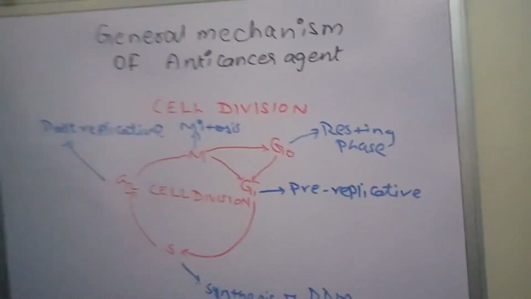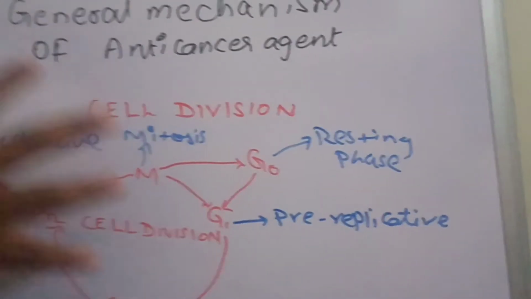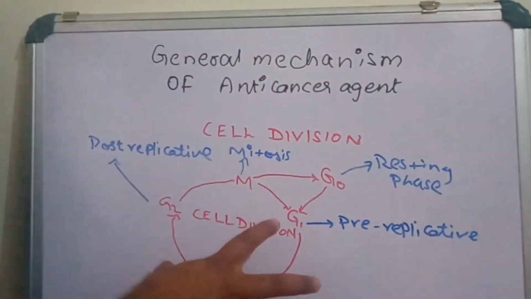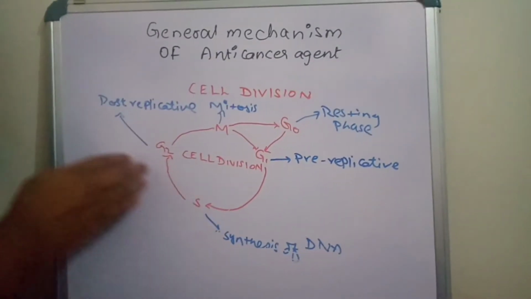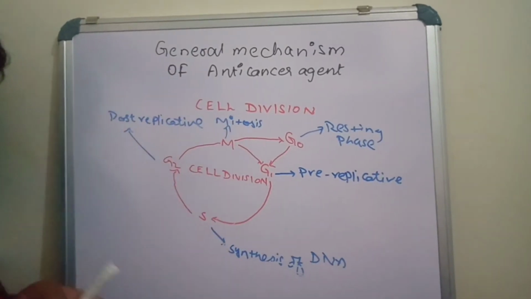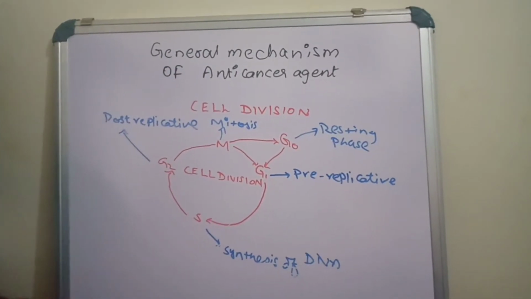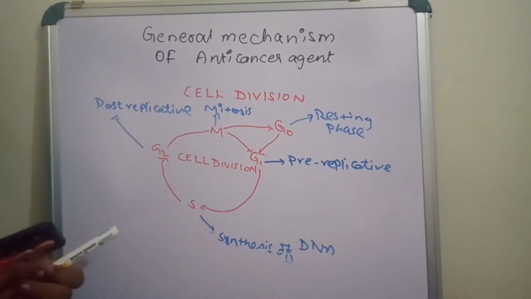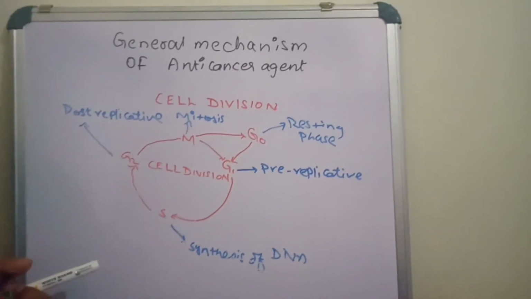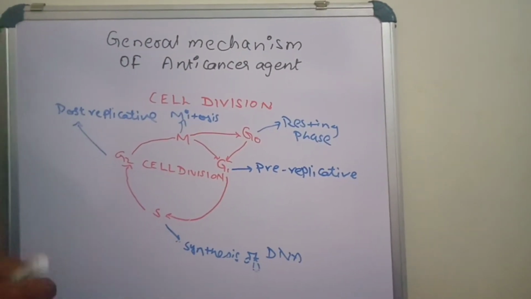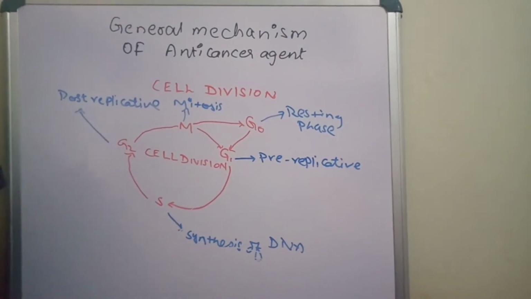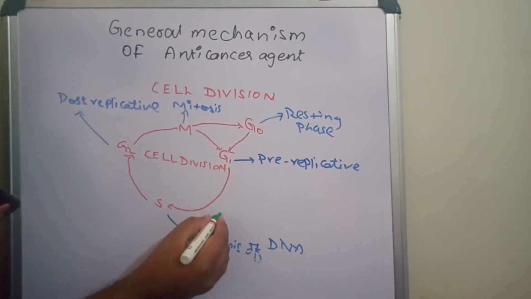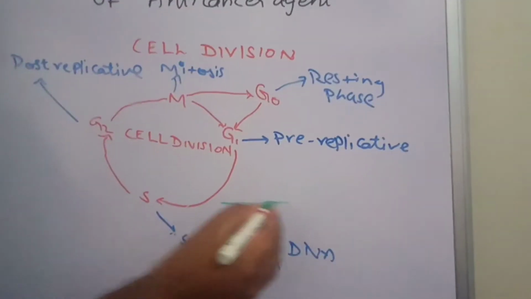So this is the cell cycle, where the drugs will act on particular phases, either the G1 phase, S phase, G2 or M. What are the drugs which will act on the different phases? Let us understand. We have different anti-cancer drugs, as we have seen in yesterday's class.